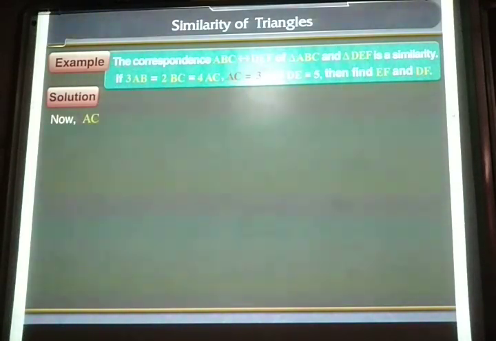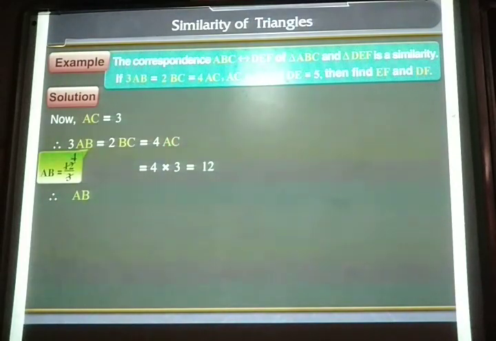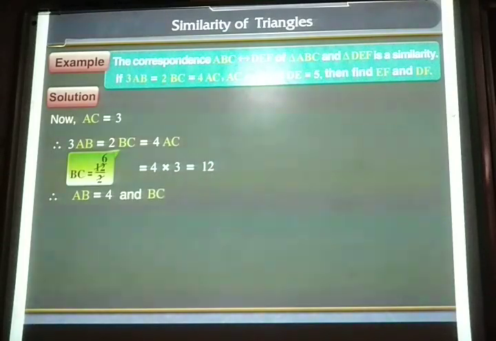Now, AC is equal to 3. Therefore, 3AB is equal to 2BC is equal to 4AC is equal to 4 into 3, which is equal to 12. Therefore, AB is equal to 4 and BC is equal to 6.